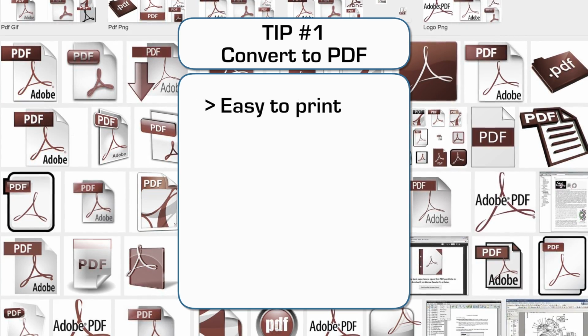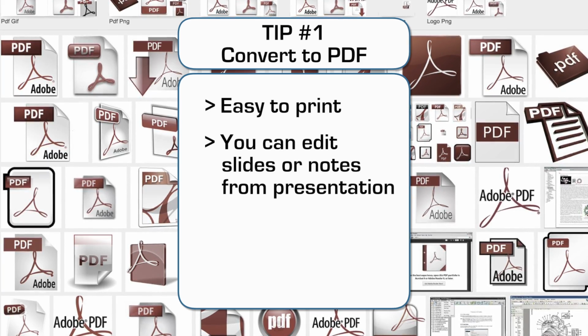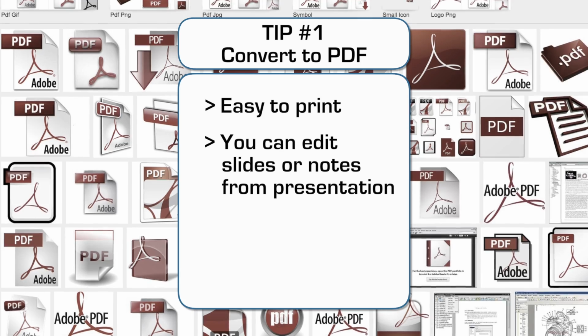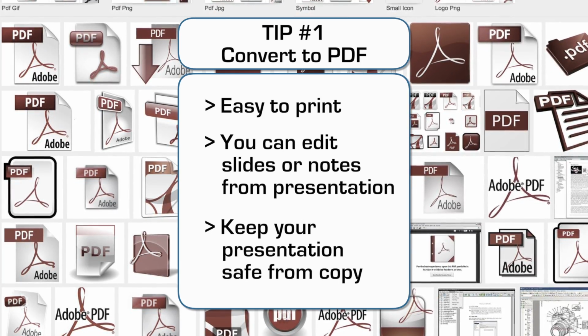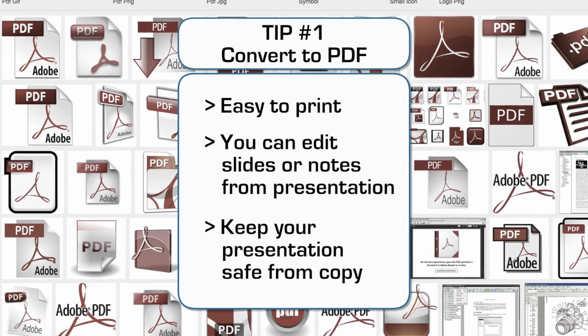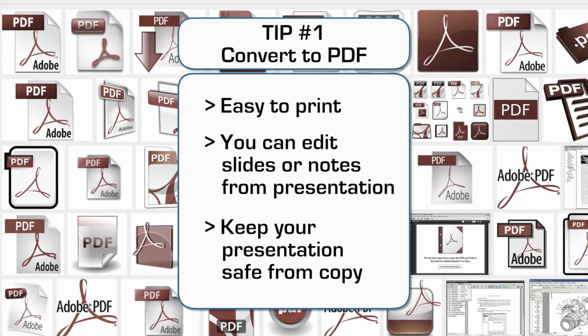And second, you can edit any slides or any notes that you have in your original presentation that you don't want to share. And third, if someone wants to copy your presentation, let them have all the work of doing everything from scratch. So I love to share things, and PDF, in my opinion, is the best way of doing it.